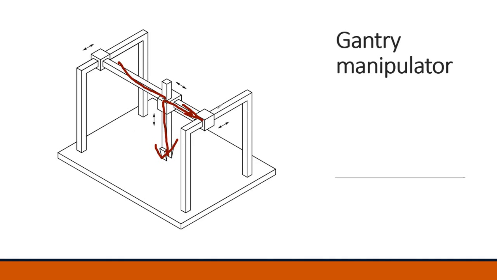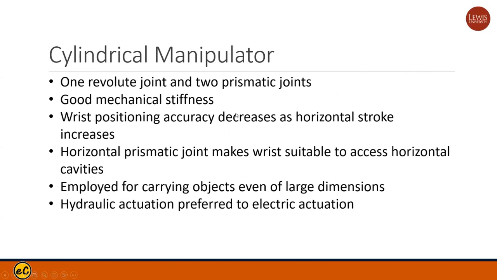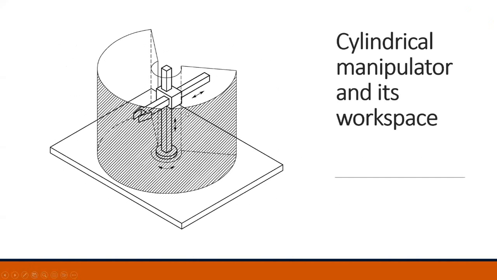You can also look at this as a Cartesian type. That's the typical XYZ type manipulator.